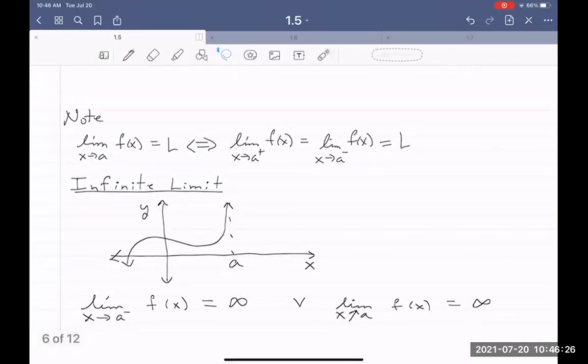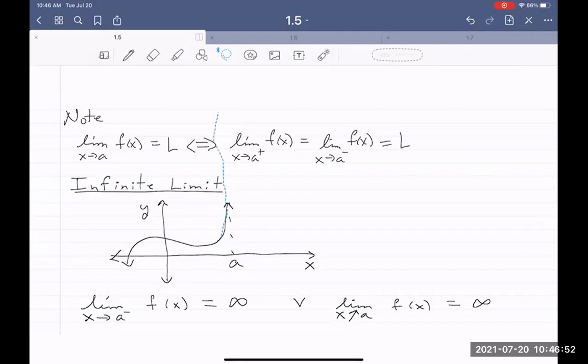For 2,000 years, everyone else in the world had a hard time with the concept. And so let me talk about infinite limits. Suppose I have some function here, and as you approach A, all of a sudden it goes off to infinity.